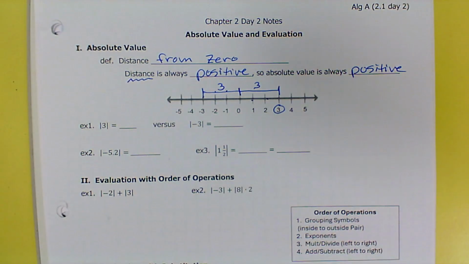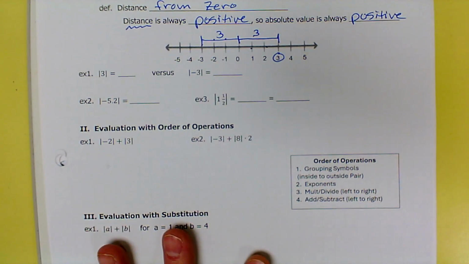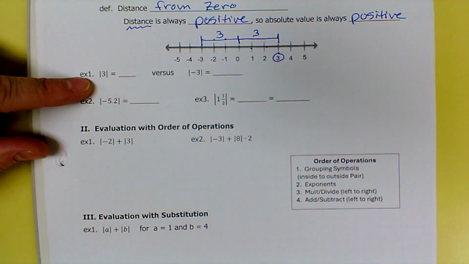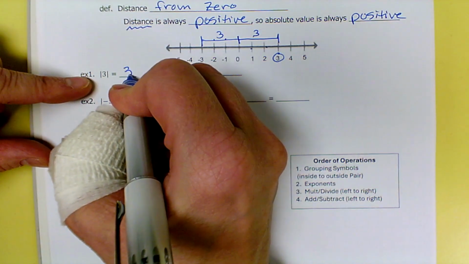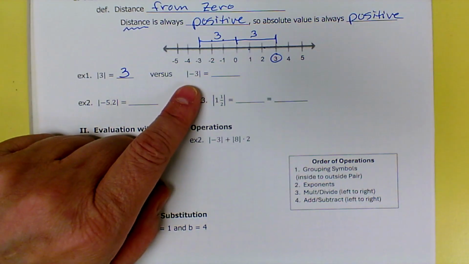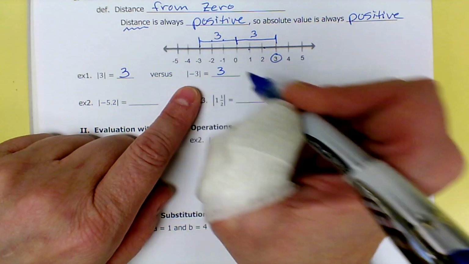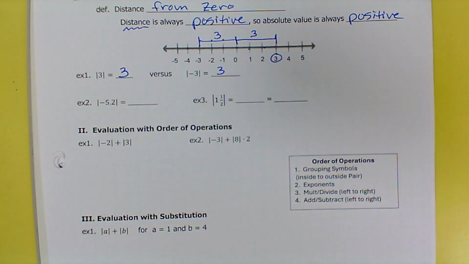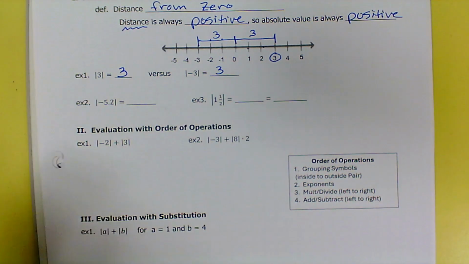Its distance from 0 is the same whether I go right or left. That's why the absolute value of positive 3, the distance is 3, and the absolute value of negative 3, the distance is also 3. So no matter what's in the absolute value, it is distance, so it comes out of the bars positive.